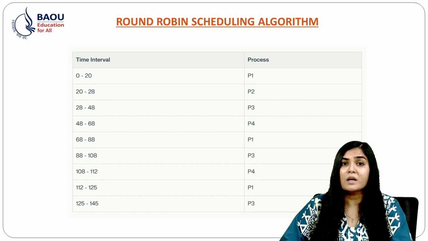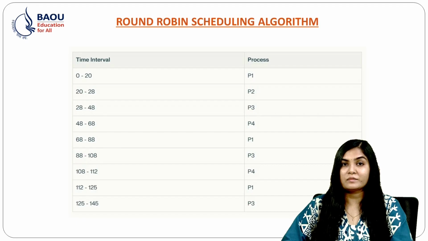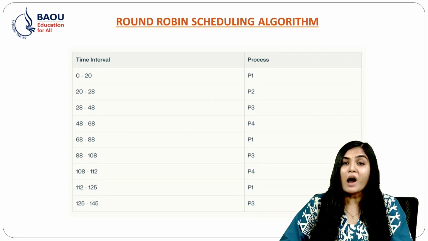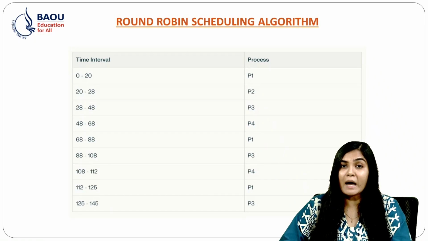This example shows how longer burst time processes like P1 and P3 are interleaved with shorter ones, and how waiting time accumulates as they wait for the next turn. This approach is fair and responsive, especially for time sharing systems, but it can lead to higher average waiting times if there are many long processes.